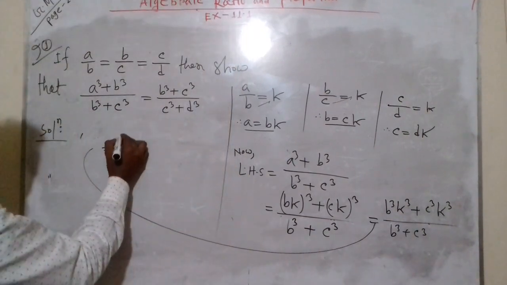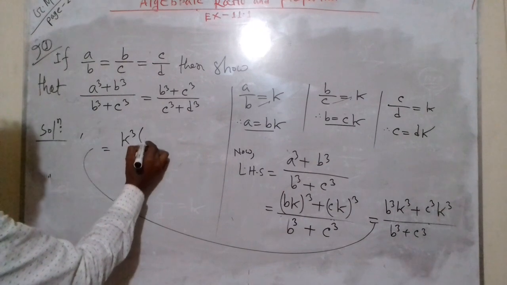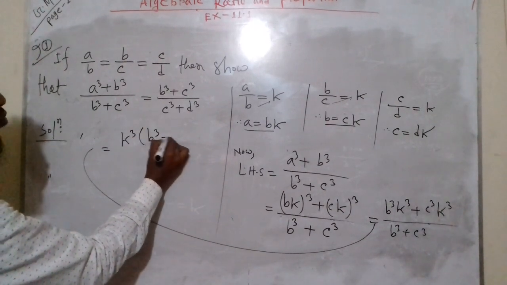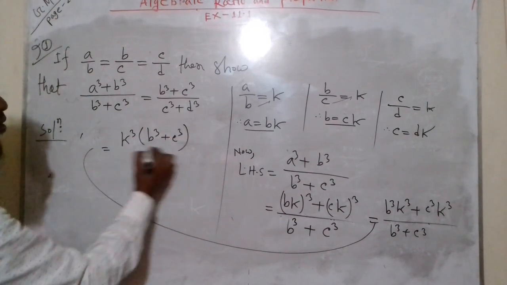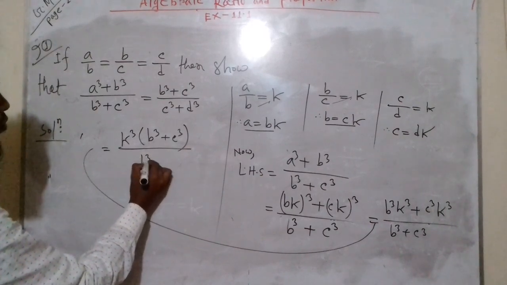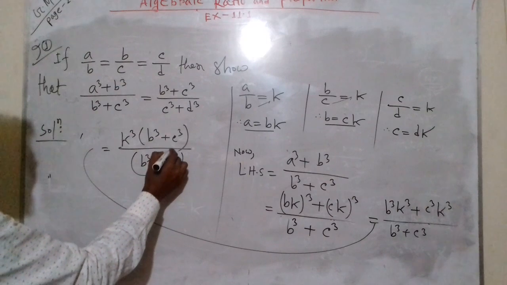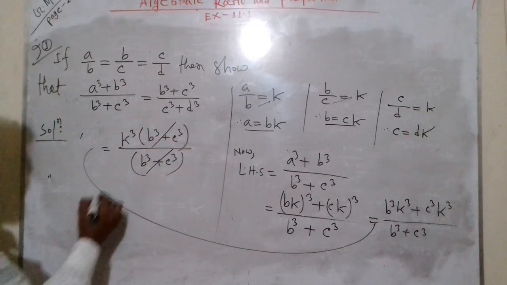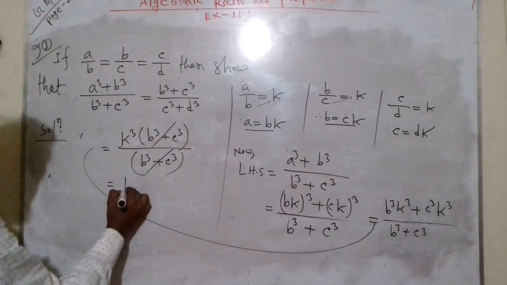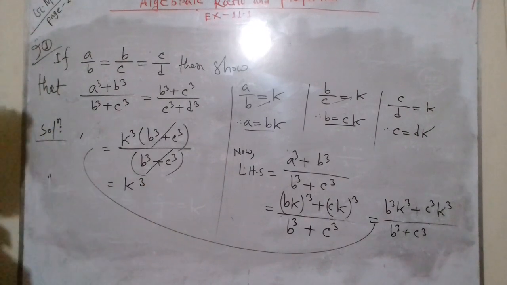Taking the common k^3, we get k^3 into (b^3 + c^3) divided by (b^3 + c^3). So b^3 + c^3 upon b^3 + c^3 cancel, so this equals k^3.